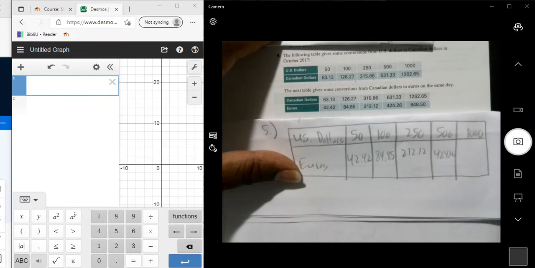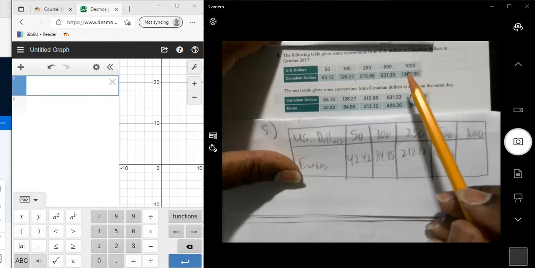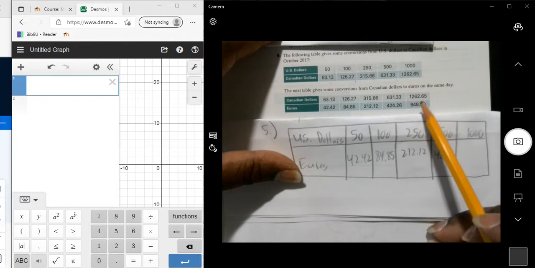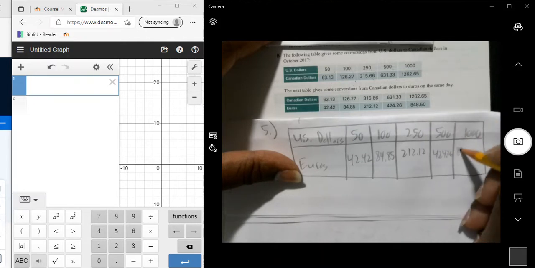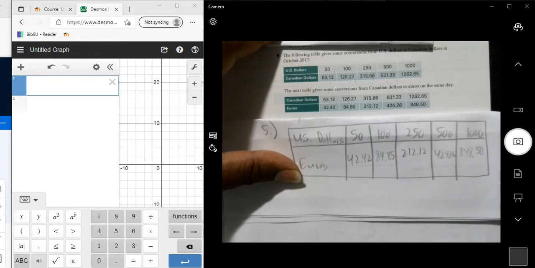I didn't give myself enough space. But now US dollars is 1,000, and Canadian dollars is $1,262.65, which we have here, and a euro equivalent is $848.50. And we are done.